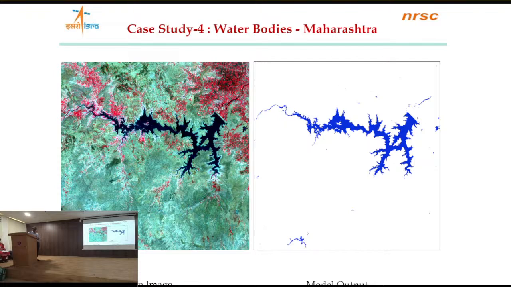The only thing is that training of the data is very important. This is a very big feature, so you are able to classify it easily. But smaller features are also very important. Further classification of water bodies includes ponds and tanks, smaller water bodies in the size of 1 hectare or half a hectare. These kinds of features will also be very useful.